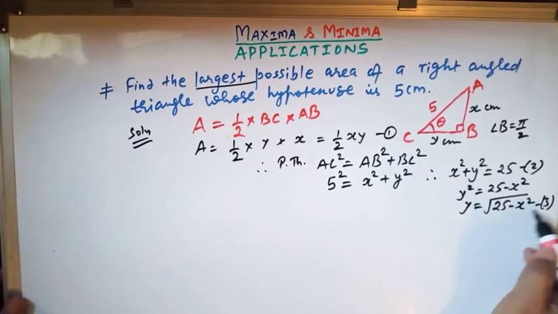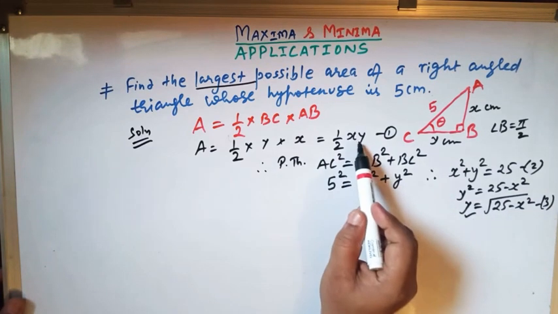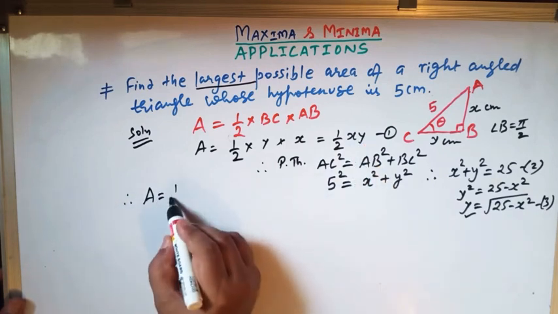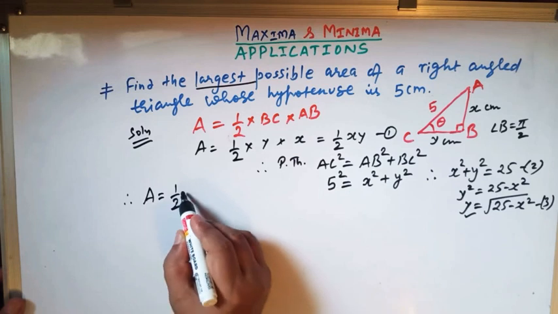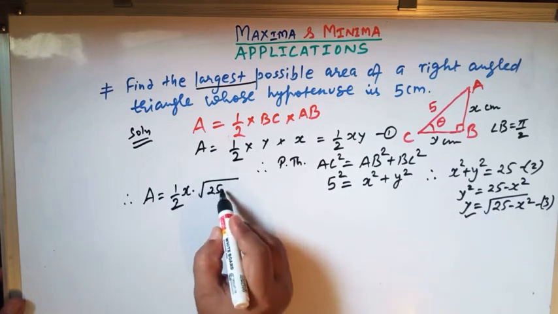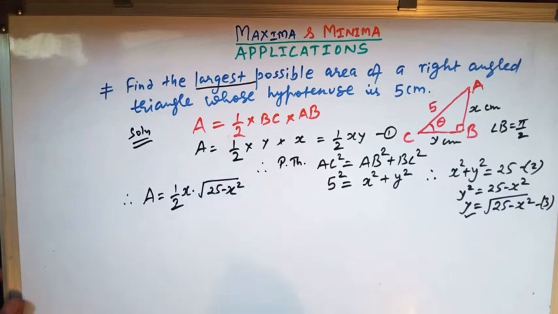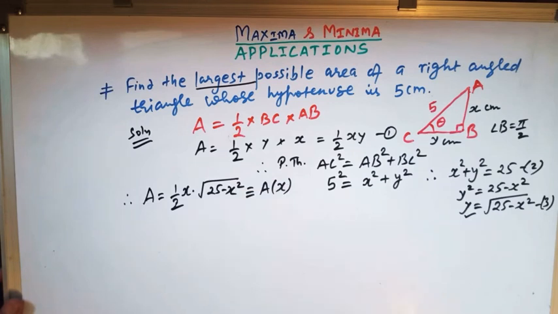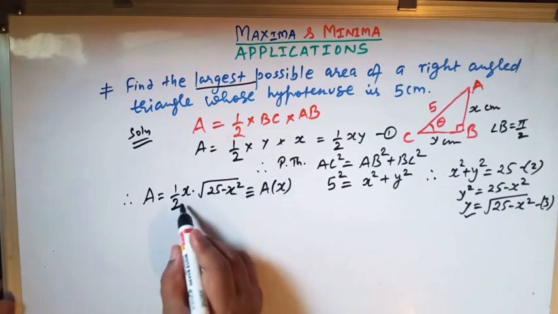Now we substitute this value of y in equation 1. So therefore the area function becomes half of x times square root of 25 minus x square. Now viewers, this becomes the area function, a function of x. Clear?